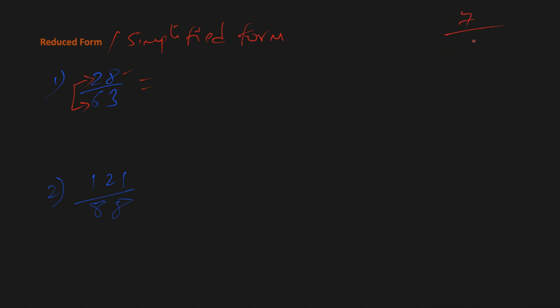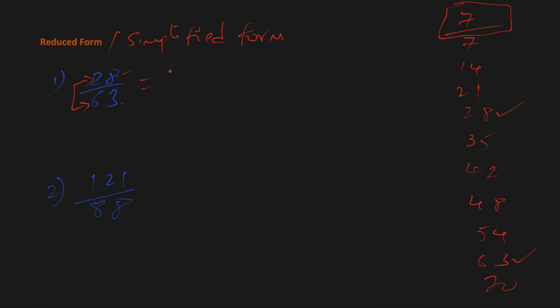If you look at 7's table, you have 7, 14, 21, 28, 35, 42, 48, 54, 63, and 70. So we have 28 present and we also have 63 present. So the first step is to find a number that has both 28 and 63 in its table, and that is 7.